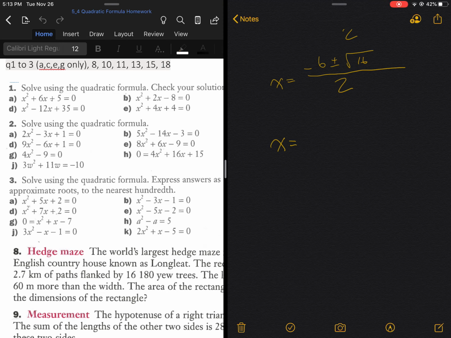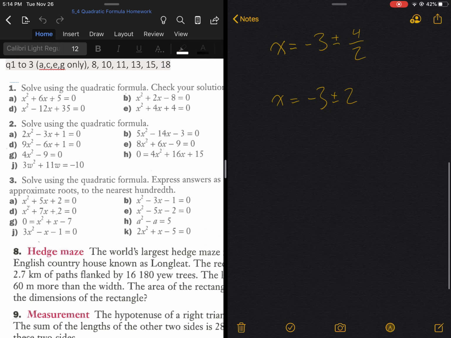It's a lot of rewriting. X equals, what's minus 6 over 2? There's two possible answers. Minus 6 over 2 is equal to minus 3, plus or minus 4 over 2, which is equal to x equals minus 3 plus or minus 2. So what does that mean?